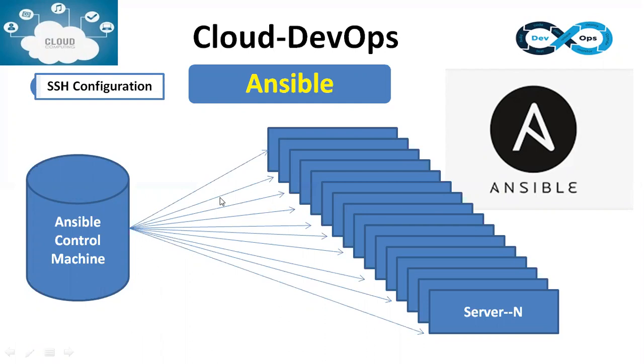Anything can be performed across any number of servers. For example, if you want to install Jenkins on 1000 servers, you just need to configure SSH. Once that is done, if you run the Ansible playbook, Jenkins will be installed in parallel on all 1000 servers, and it will take less time.